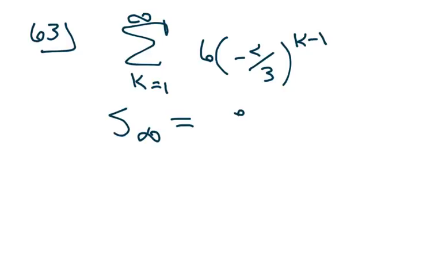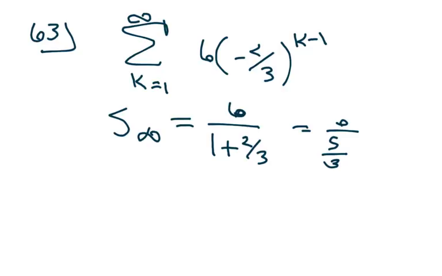So a is 6. r is -2/3, so that's going to be plus 2/3. So we're going to have 6 over 5/3, which equals 18 over 5. And that's it.